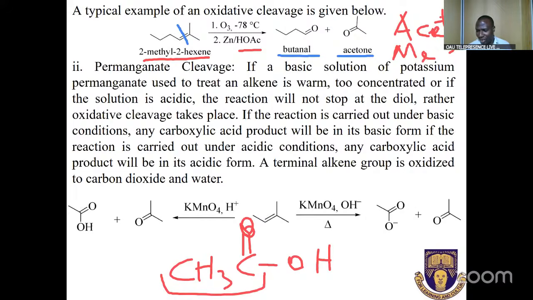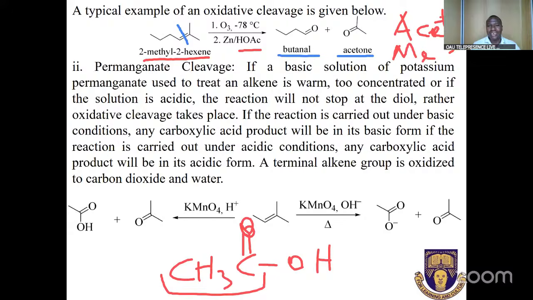So at the end of the day, we end up with an aldehyde on one side and a ketone on the other. I know your responses are a bit delayed, so I'm just trying to be sure we are following. Yes, acetone is propanone. It's just a matter of old name and IUPAC name.